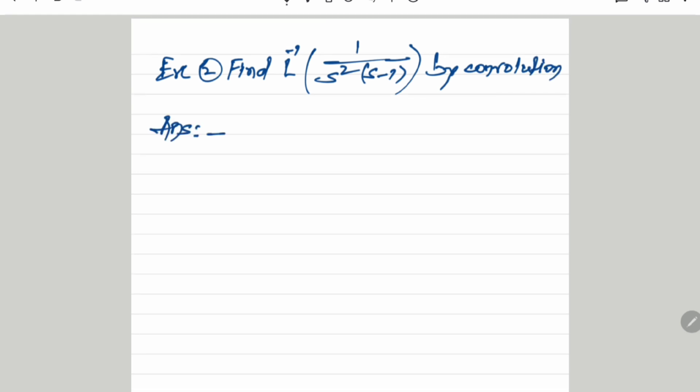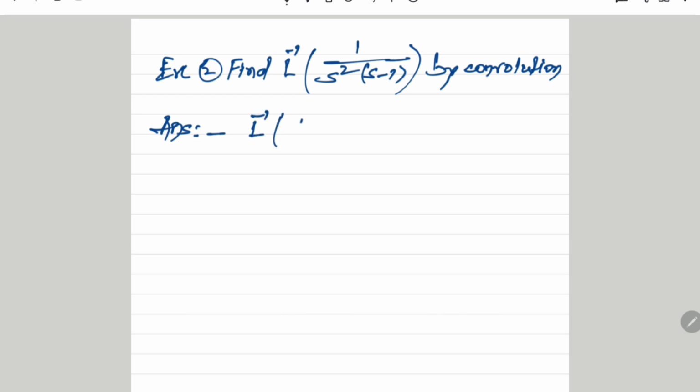Second example, find inverse Laplace of 1 upon s square multiplied by s minus 1, again by convolution theorem. To apply that convolution, once again we find the inverse of the individual terms.